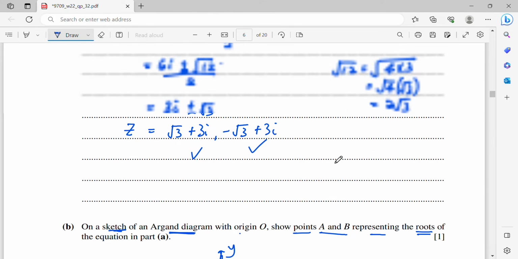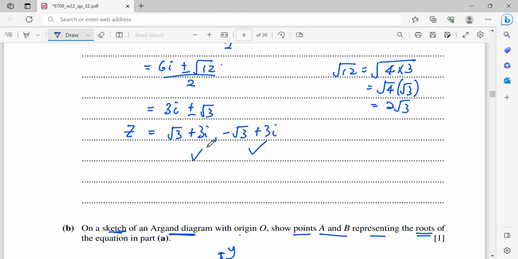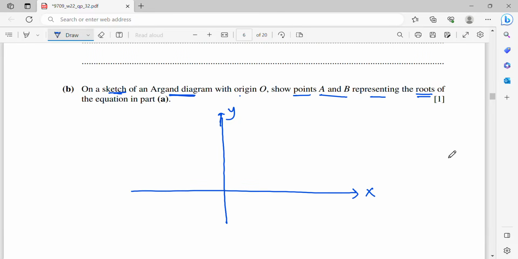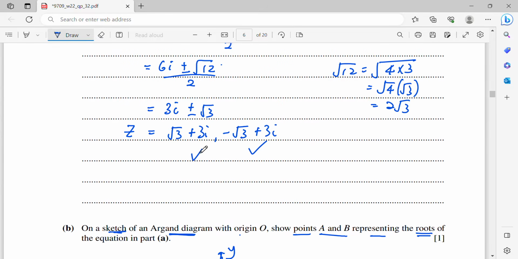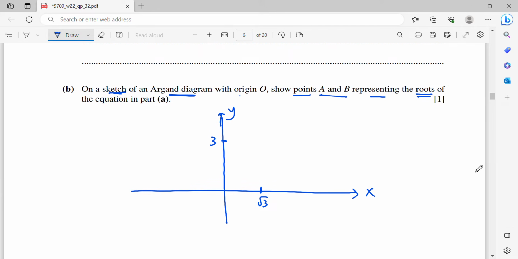Alright, so now I found square root 3 plus 3i. So let's say here is square root 3, then here is 3i. So square root 3 plus 3i is my first point.